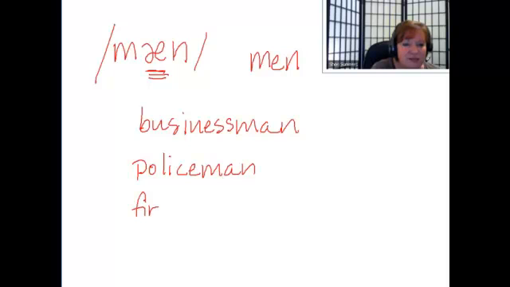Let's say businessman, policeman, fireman. What happened was the A in here is no longer in a stressed syllable. So what we've done is we almost kick them out. And when we kick them out of a syllable, the sound gets replaced with this little sound, what we call a schwa.